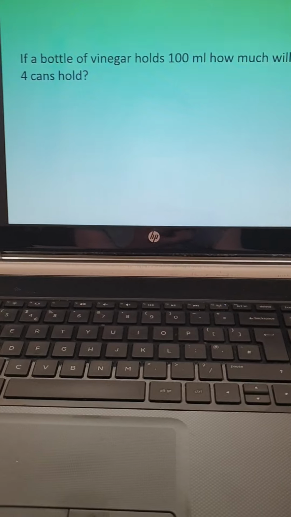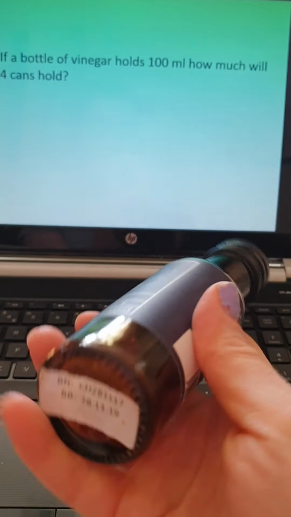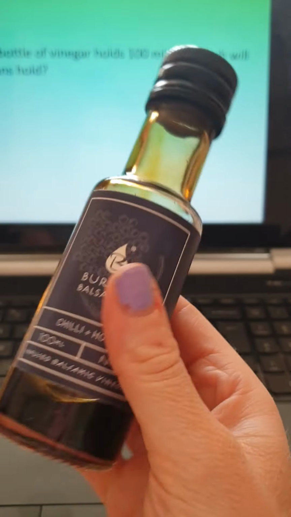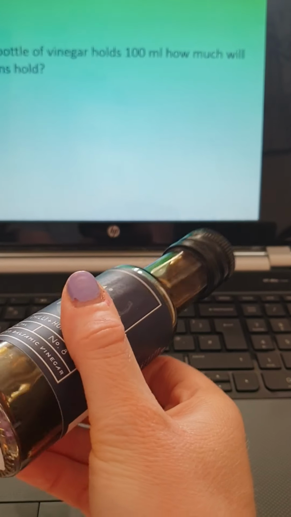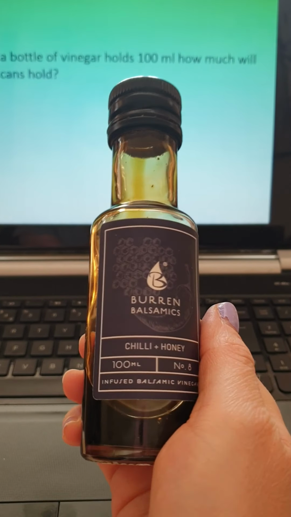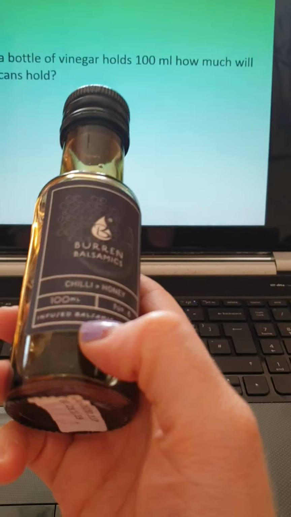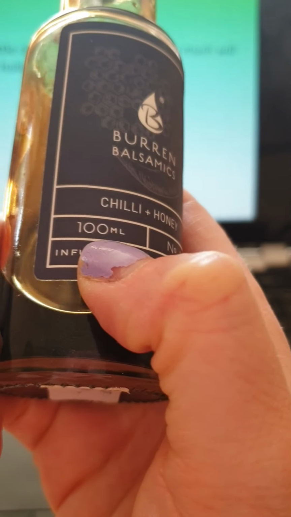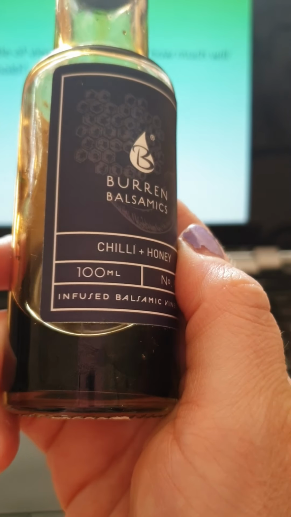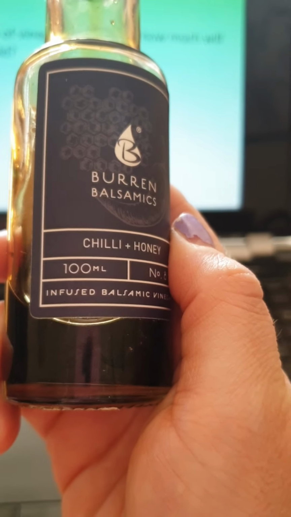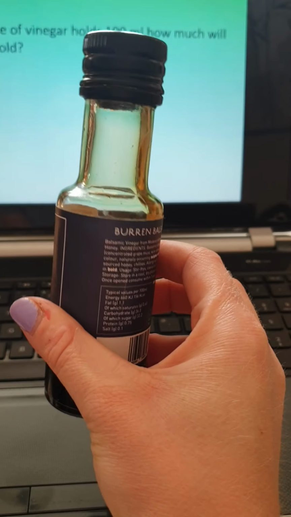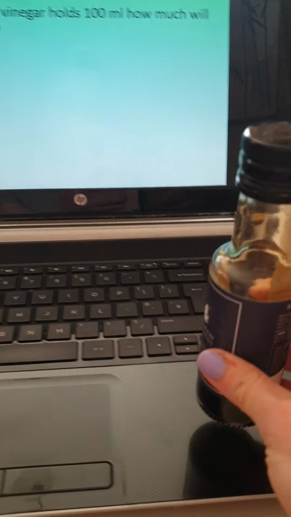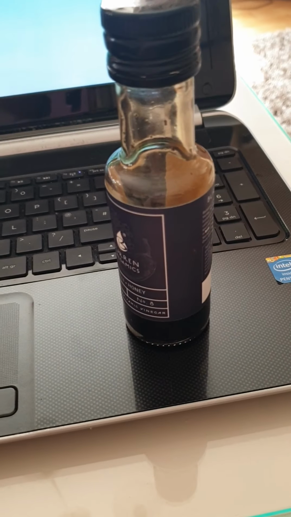If a bottle of vinegar, this vinegar right here, because it's a liquid, it's going to be measured in milliliters or liters. I can see here that it says 100 milliliters. So if this bottle was full, it would contain 100 milliliters.